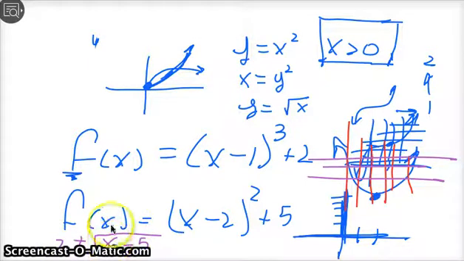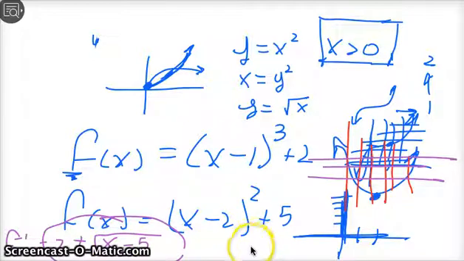Well, we know that that would be the inverse function. We know that that is not going to work, okay? That has a plus and minus, so that is not a function.